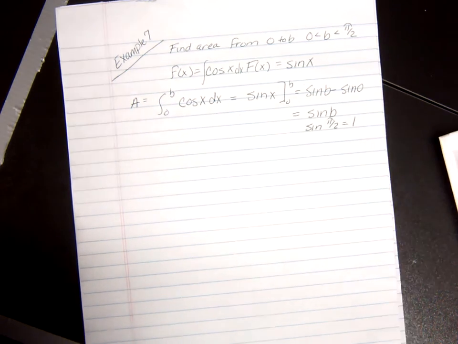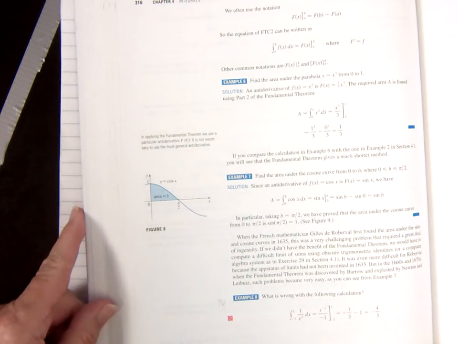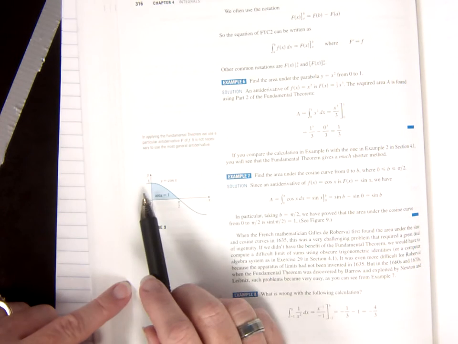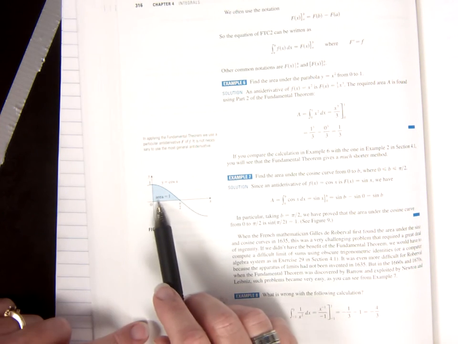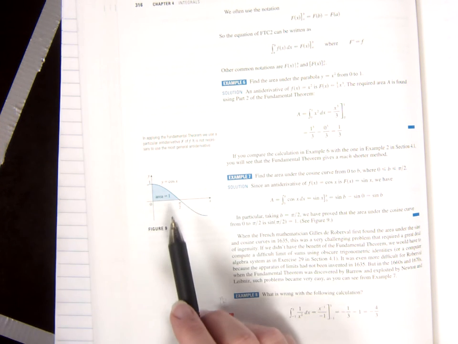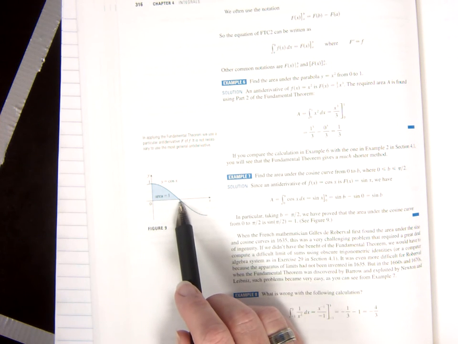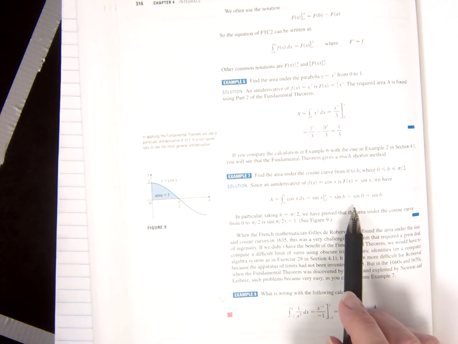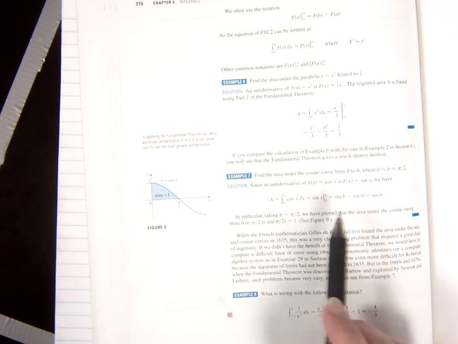So we take a look at figure 9. Here is figure 9 showing my cosine curve coming down, and here's my area under my curve. And if I want to look from 0 to pi over 2, I would just integrate it.